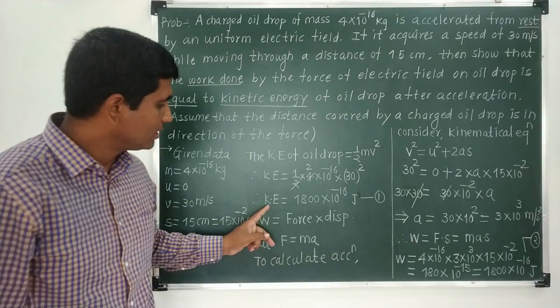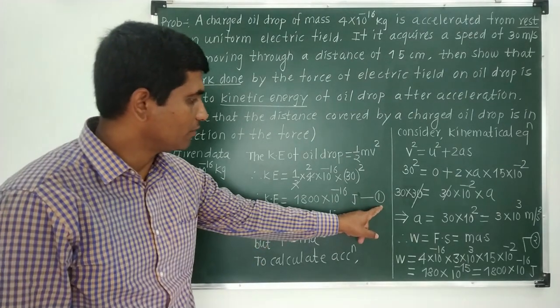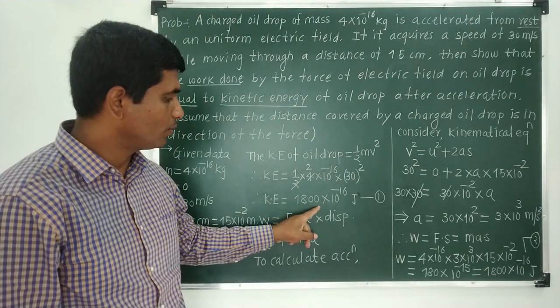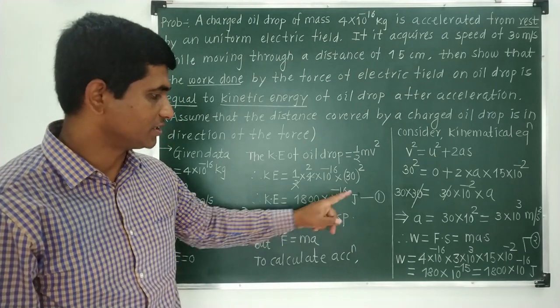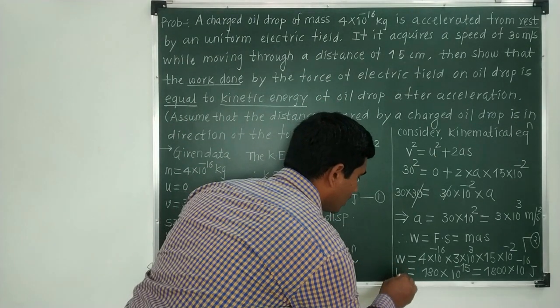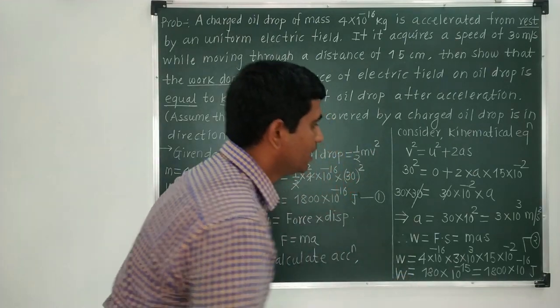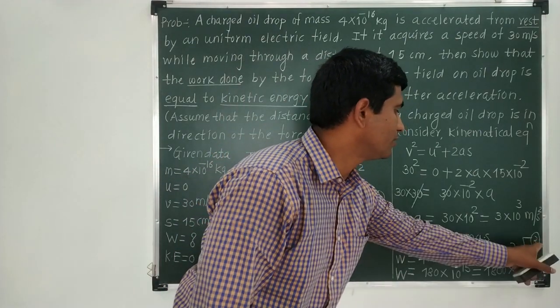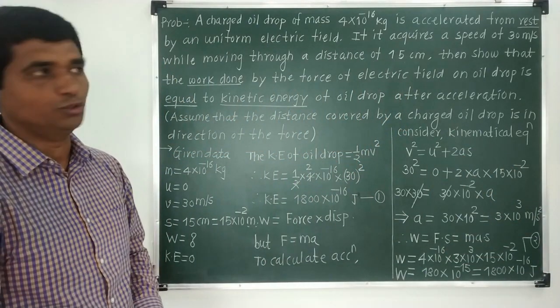Now the kinetic energy which we calculated in equation 1 is coming out to be 1800 into 10 raised to minus 16, and the work done which we calculated in equation number 2 is also coming out to be 1800 into 10 raised to minus 16 joule.